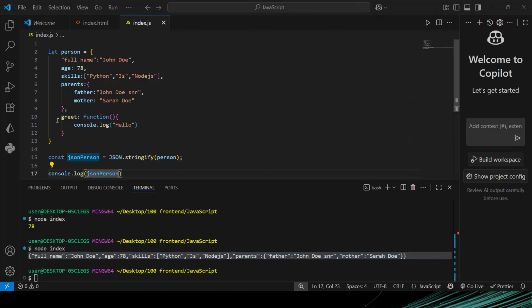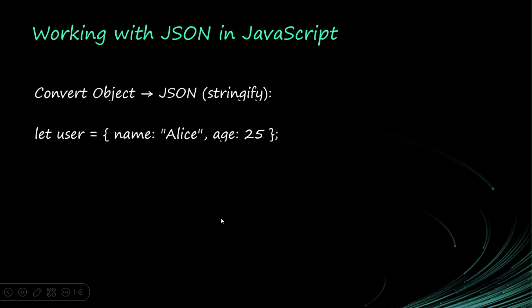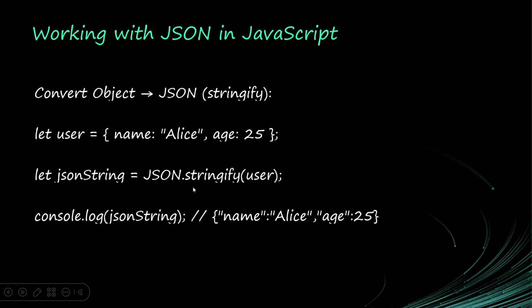And you can see that the greet function was not included because functions cannot be values of a key in JSON. So you can see it's not included here. You understand now. Okay, so this is how you convert from object to JSON.